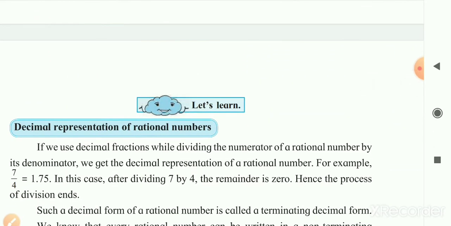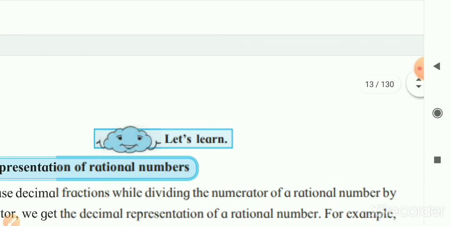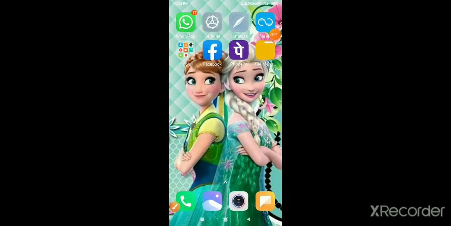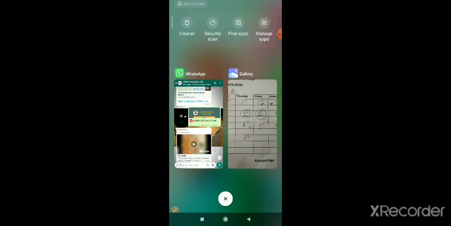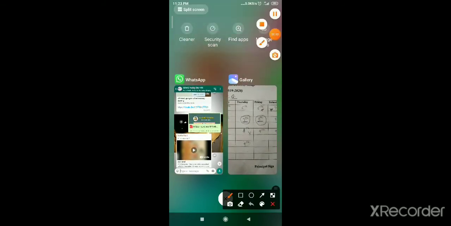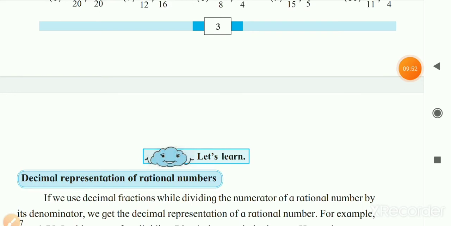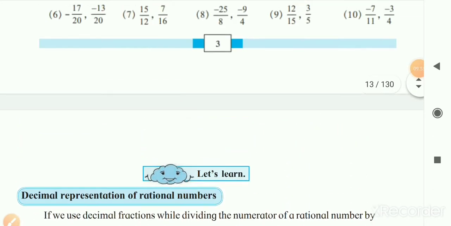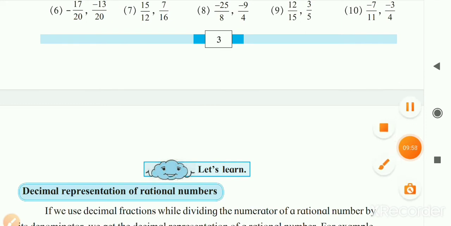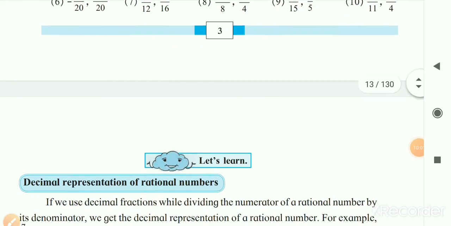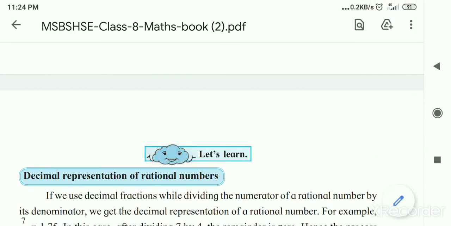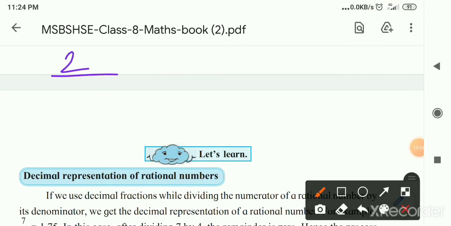Okay, now next it is the decimal representation of rational numbers. First of all, some examples. If we divide, we sometimes get a complete number, and sometimes not. For example, if we divide 2 upon 5, what is its answer?